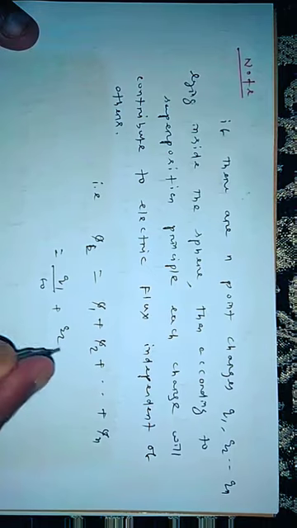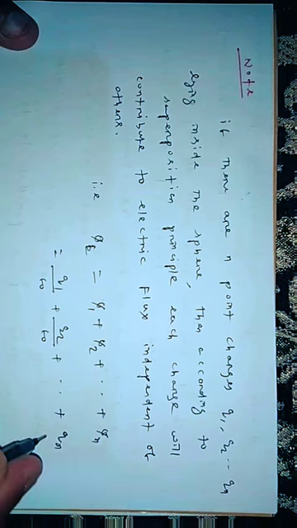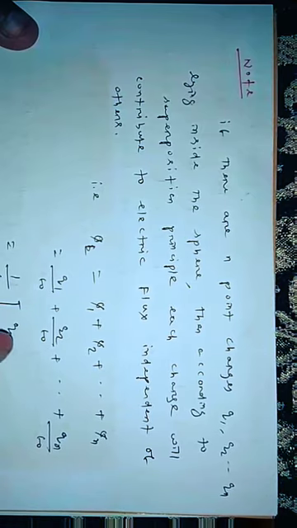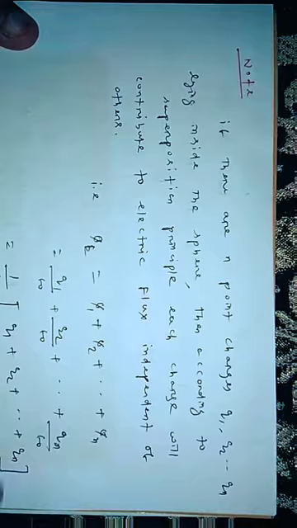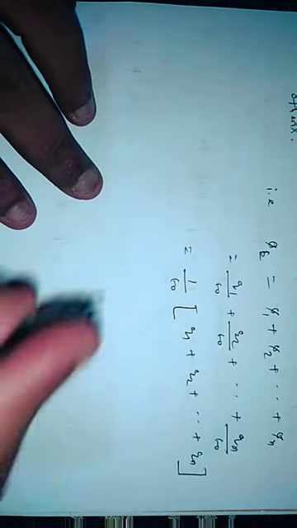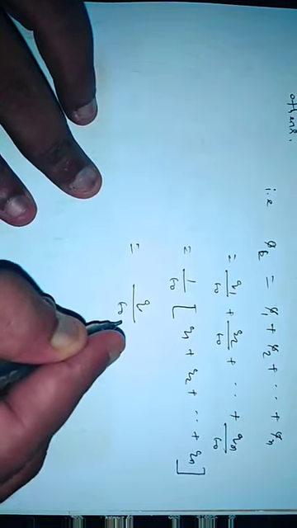According to Gauss law, phi equals Q1 by epsilon 0 plus Q2 by epsilon 0 up to Qn by epsilon 0, equal to 1 by epsilon 0 into Q1 plus Q2 up to Qn. So this is equal to total charge Q by epsilon 0.